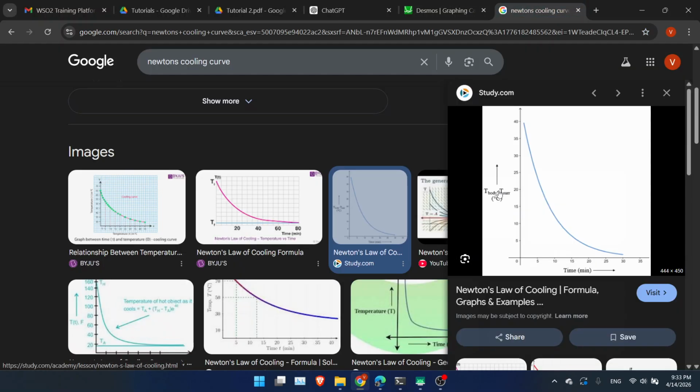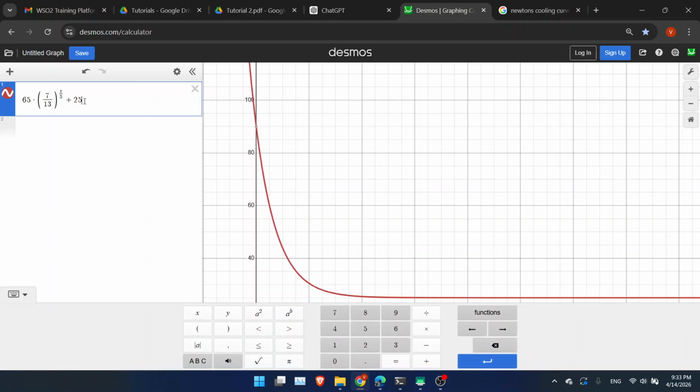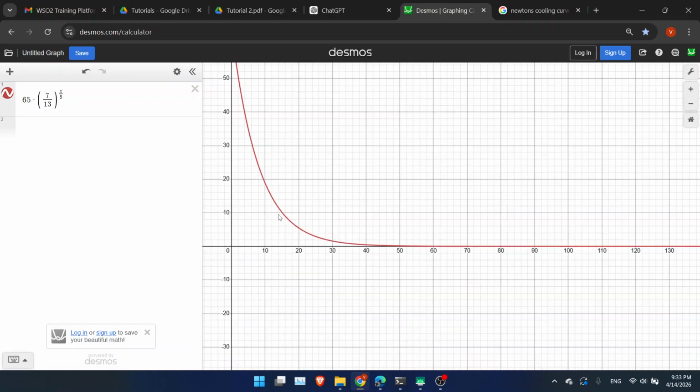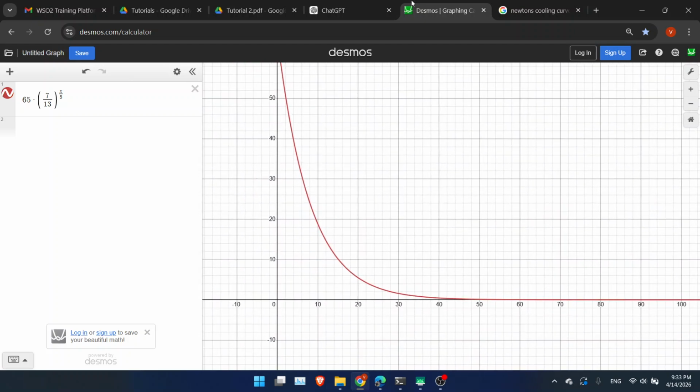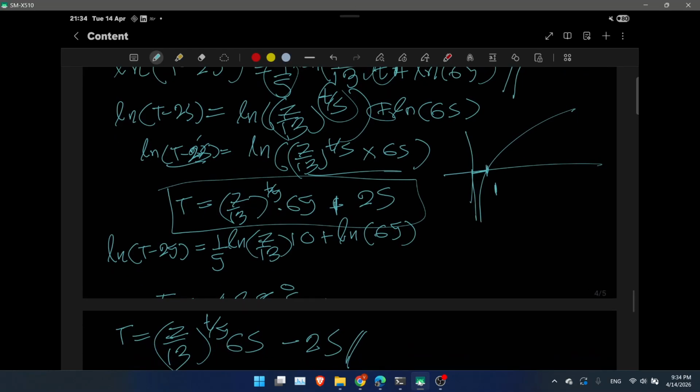So in T minus 25, that means the extra temperature. If you plot the extra temperature, it will be like this. It is just the same thing that you can see. You get the experimental graph. So mathematically it is proven that this curve is something like this. This is exactly Newton's cooling law.